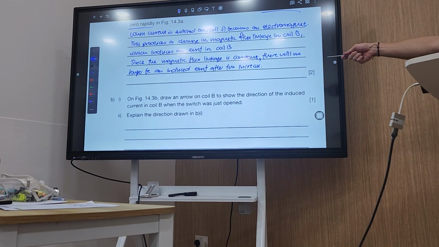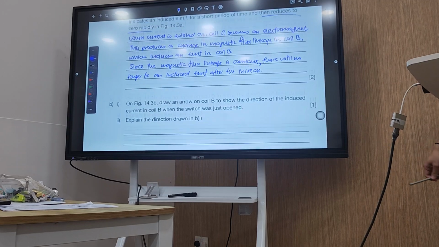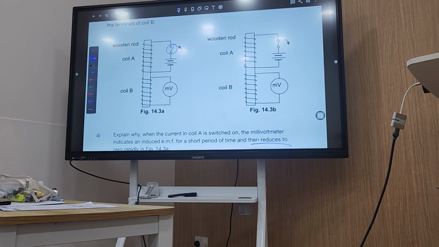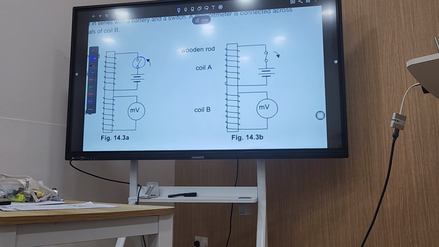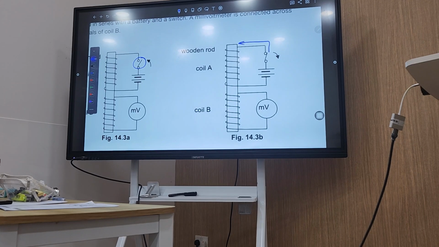Draw an arrow on coil B to show the direction of the induced current in B when the switch is just opened. Bear in mind guys, I draw A first. It's going to go like this. Jenny, can you tell me for coil A, who's north and who's south? Top or bottom?